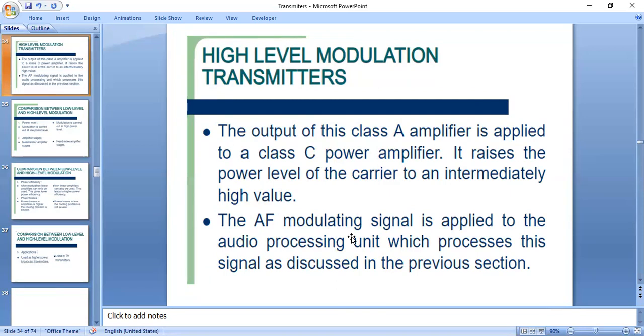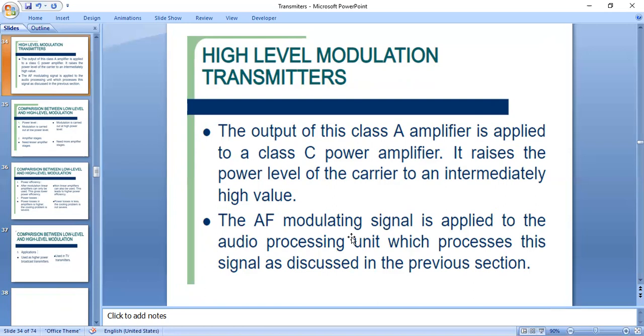So what is the main difference between low level modulation AM transmitters and high level modulation AM transmitters is the power amplification. In low level, the power amplification takes place after the modulation, and in high level modulation transmitters, the power amplification takes place before the modulation.